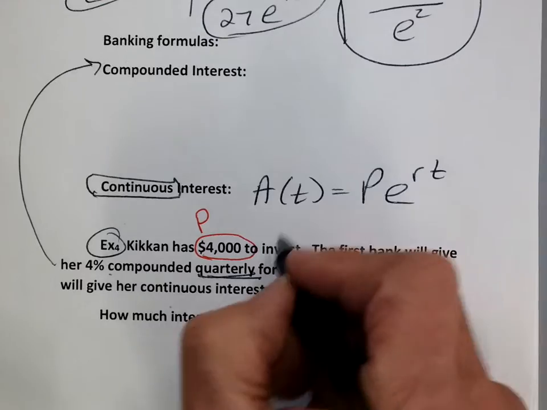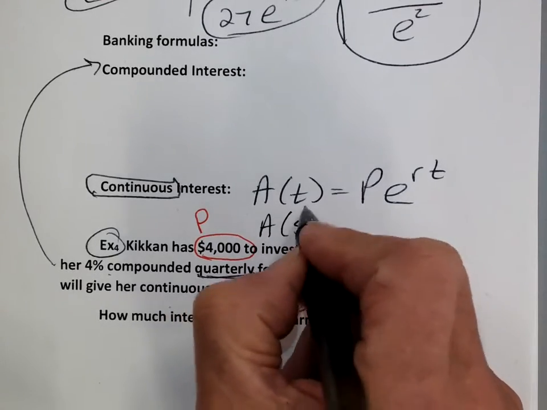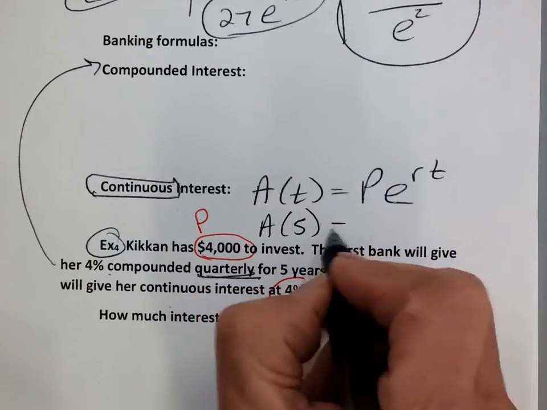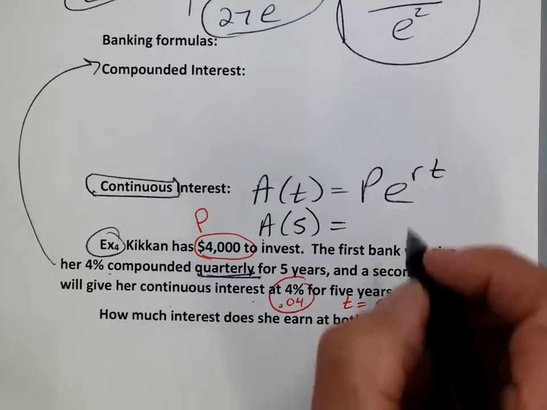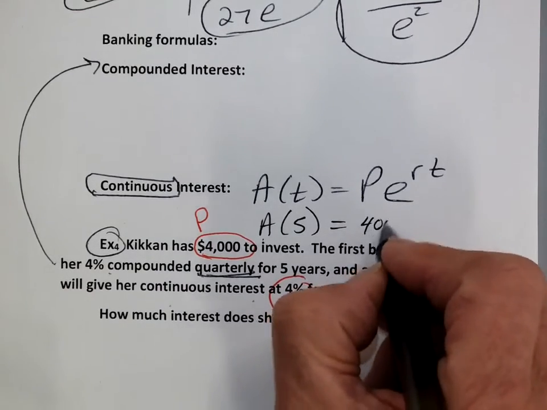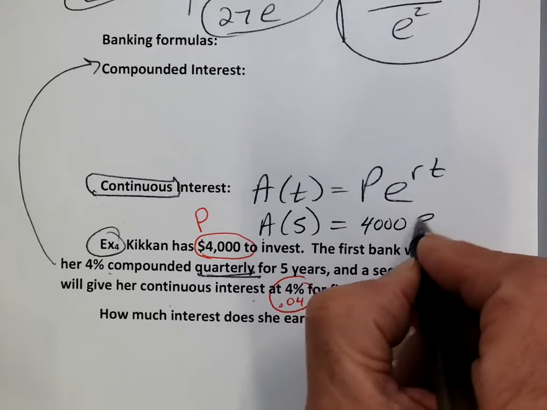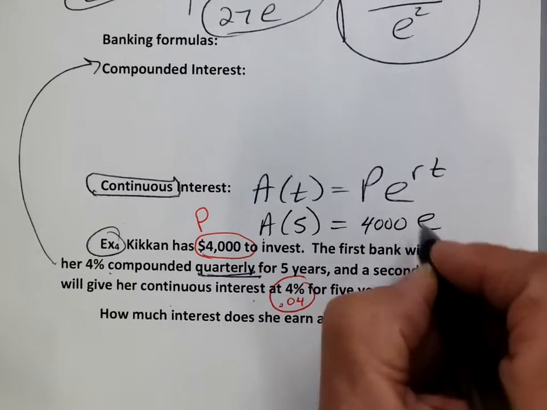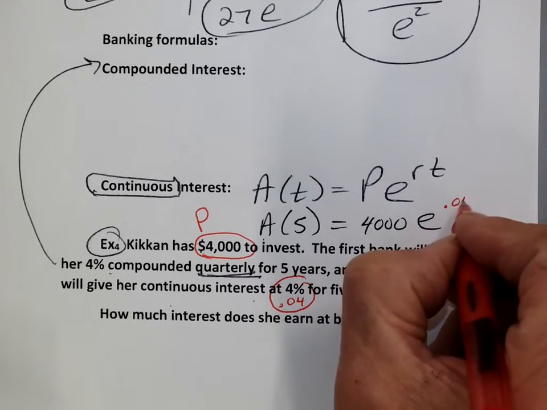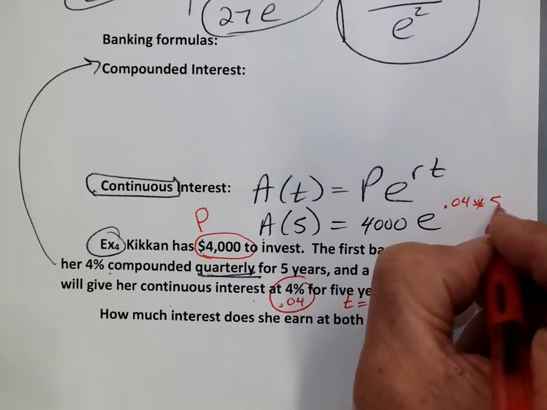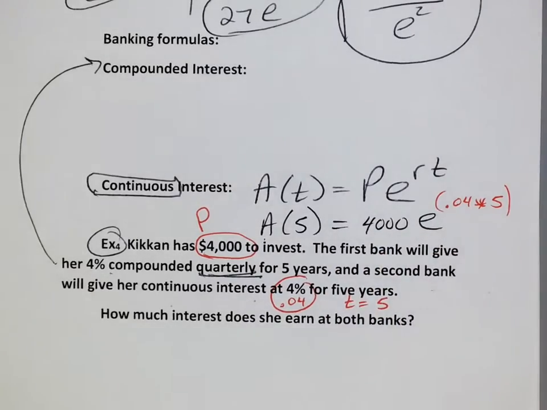So I'm going to say A of 5, because the amount over 5 years, that's the question: what is the amount for 5 years? Time is 5, P is 4,000, e, my number e, to the power of 0.04 times 5.